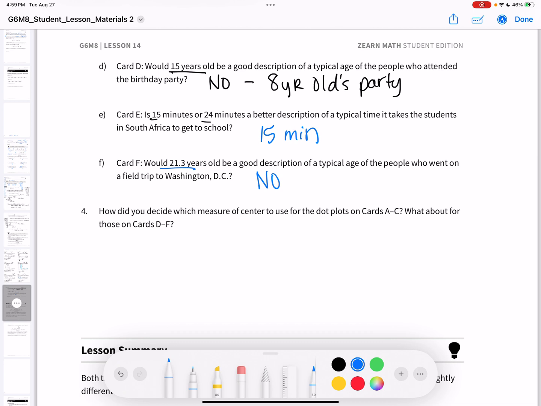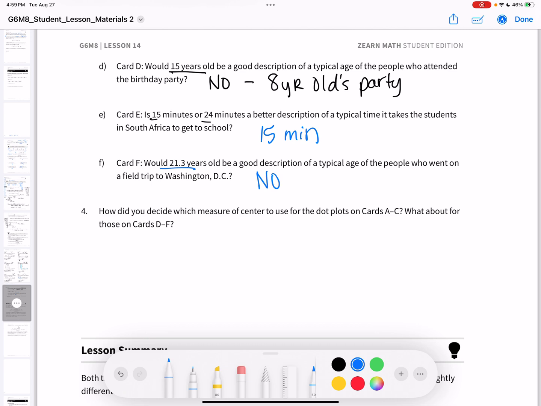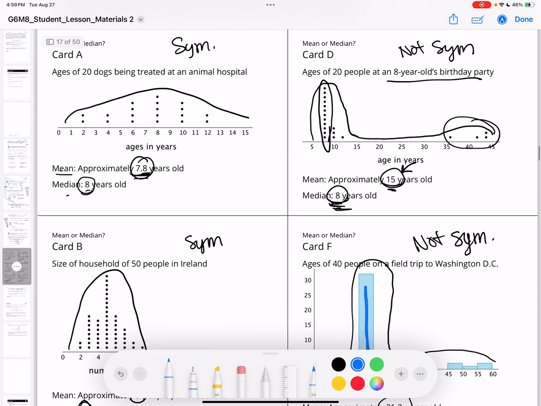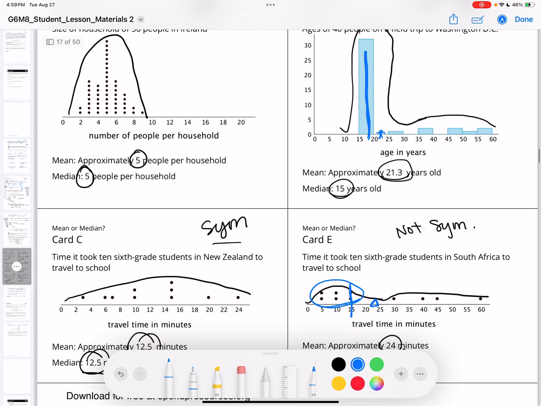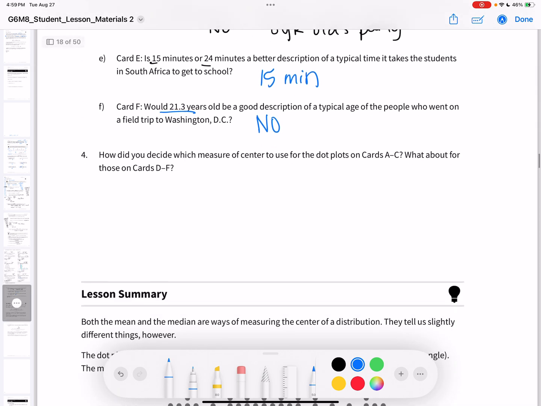So 4. How did you decide which measure of center to use for the dot plots on card A through C? Well, A through C, they're all symmetrical. So it's easy. We can use either one because the mean and the median are similar. What about for cards D through F?